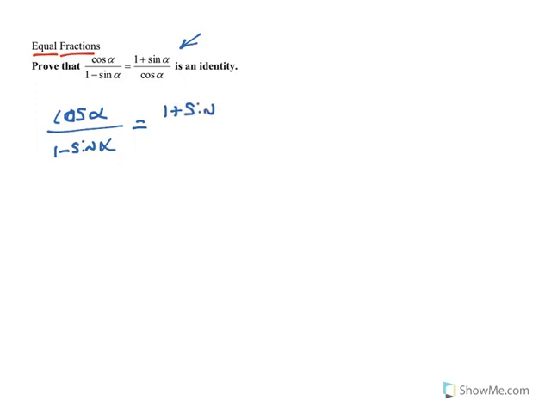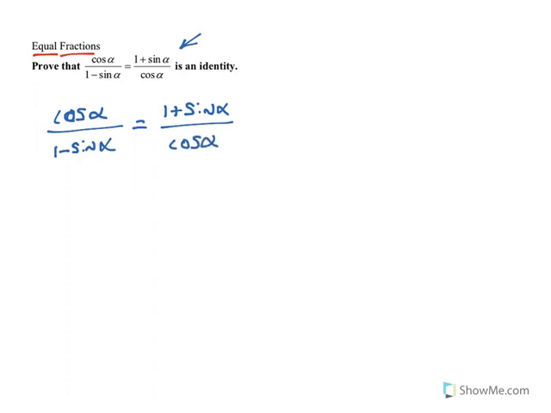So I'm going to take my original right-hand side and multiply it by 1 minus sine alpha top and bottom. So we're going to have cosine of alpha over 1 minus sine alpha, and then we have 1 plus sine alpha over cosine alpha.